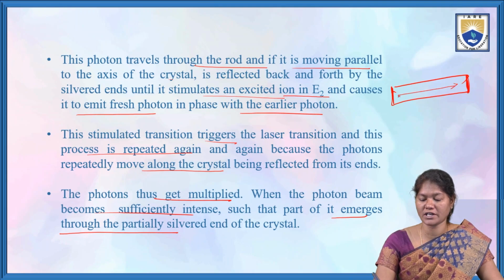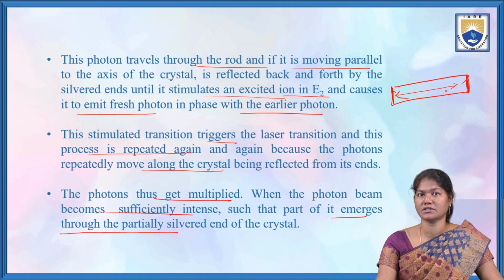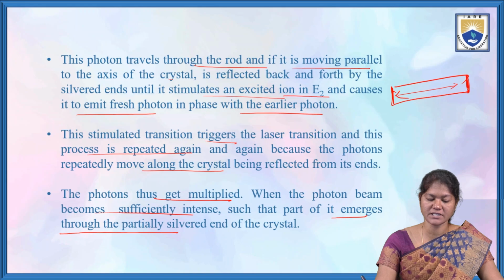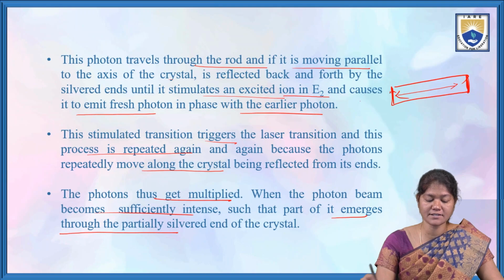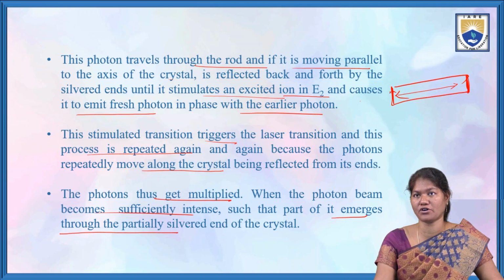So that photon is reflected back and forth by the silvered and partially silvered end faces until it stimulates an excited ion in E2 and causes it to emit a fresh photon in phase with the earlier photon.